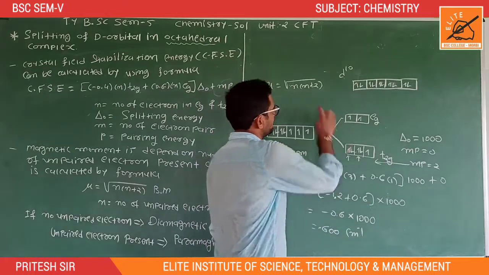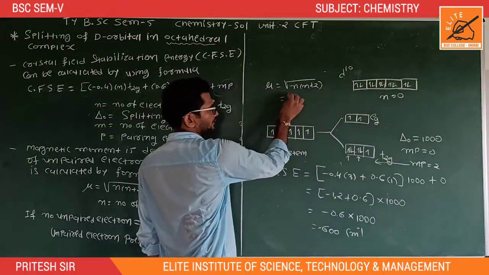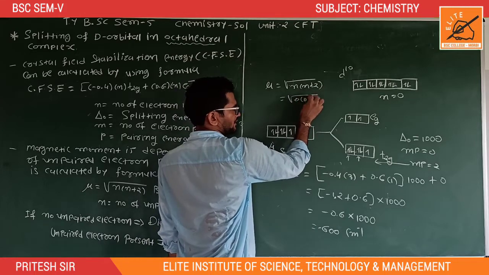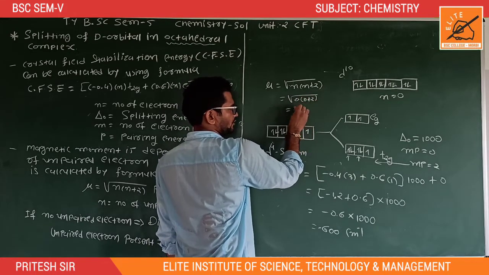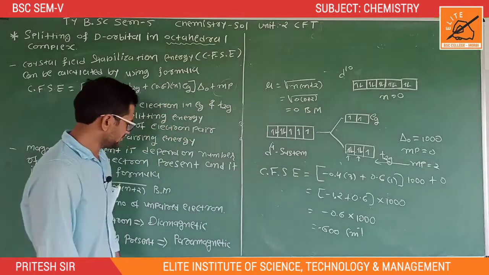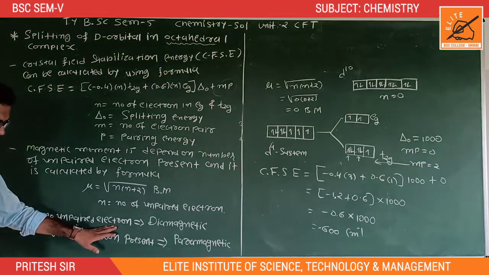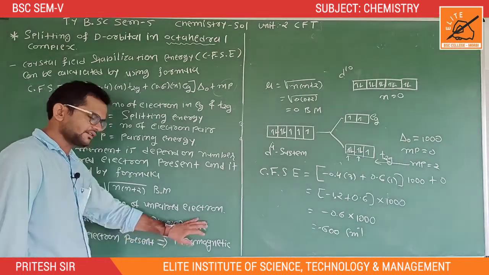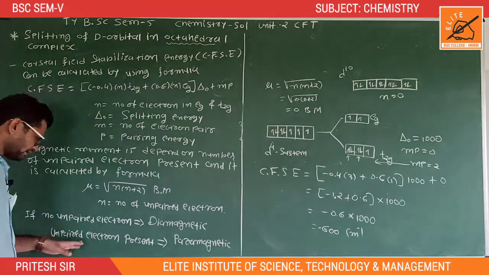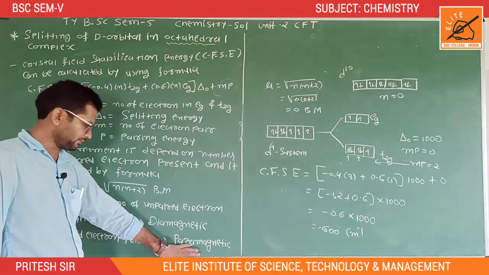So the value of n is equal to 0. It means under root 0 into 0 plus 2 is equal to 0 Bohr magneton. So the value of mu is equal to 0. Mu is equal to 0 means no unpaired electron is present at that time. This complex is a diamagnetic complex. And if an unpaired electron is present, this complex becomes paramagnetic.